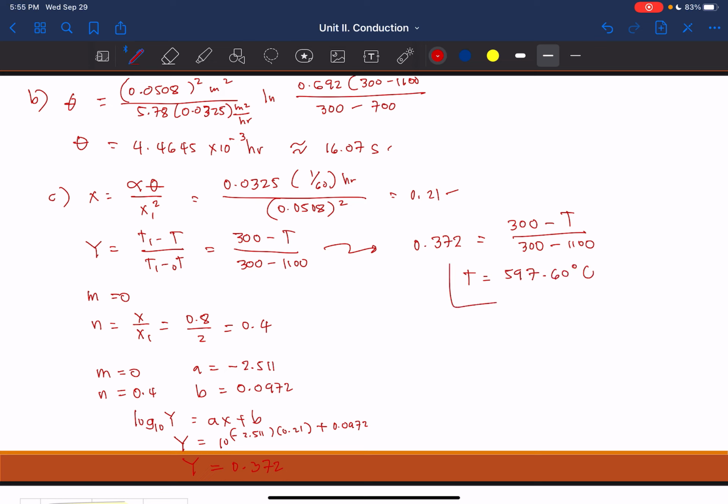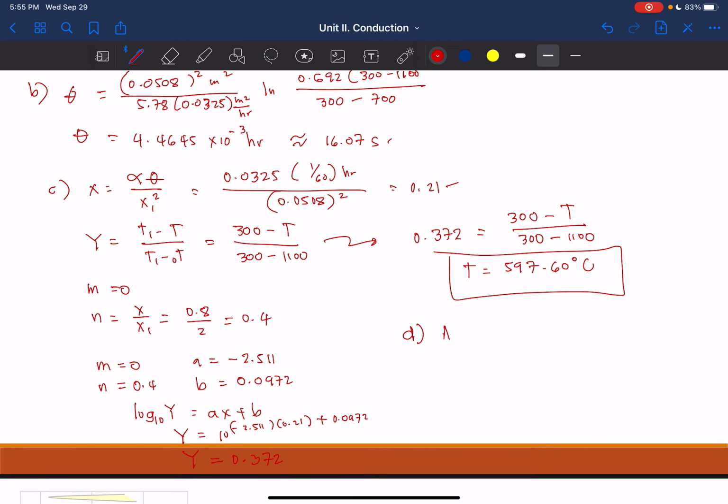597.60 degrees centigrade. Okay? Now, I'll give you an assignment. Please do, at what time will the 0.1 inches from the surface reach 700? I'll just write it here.